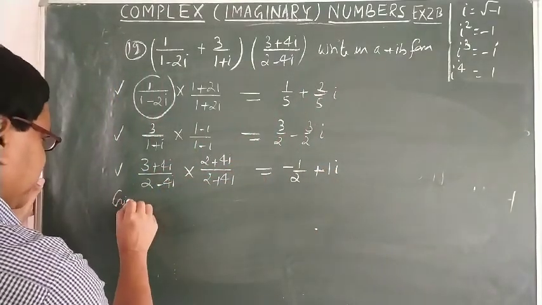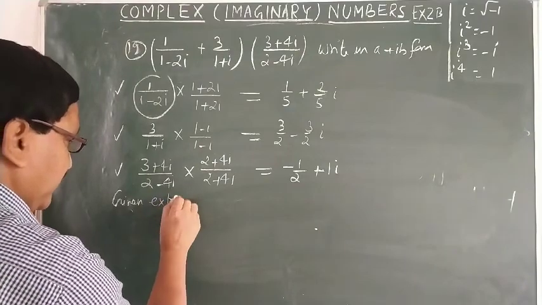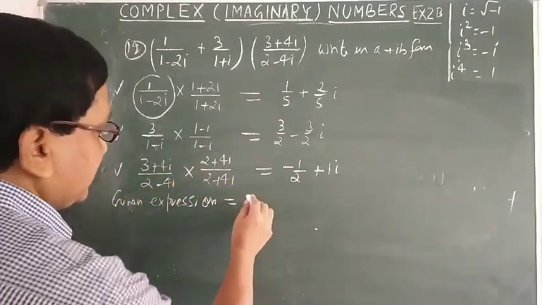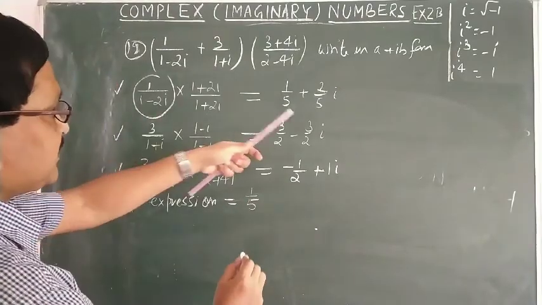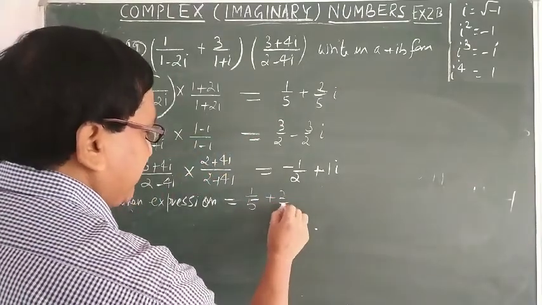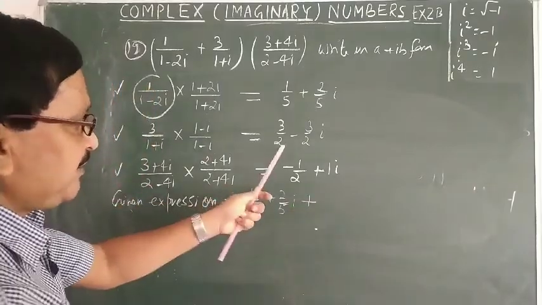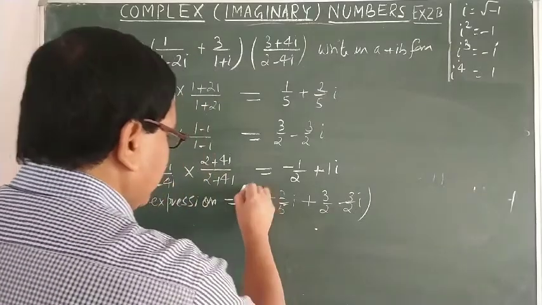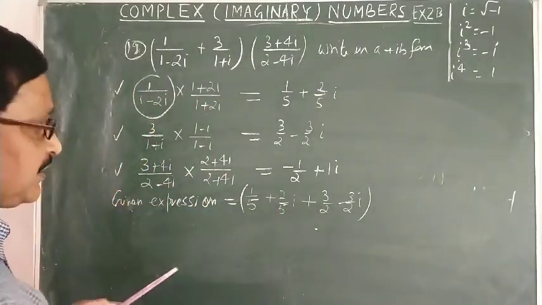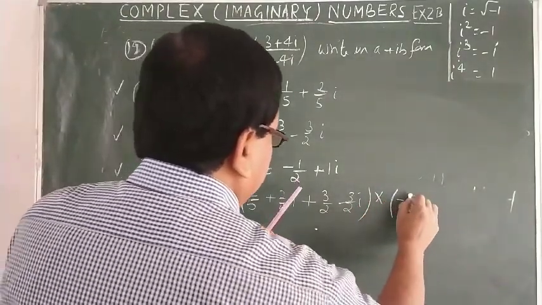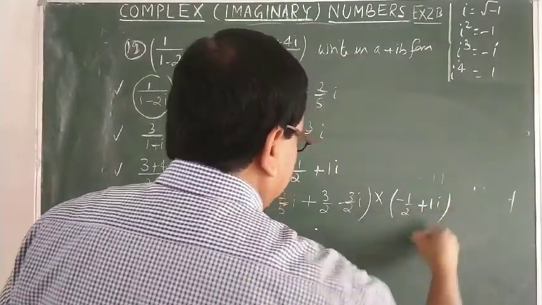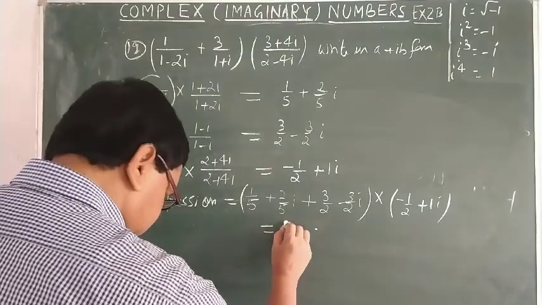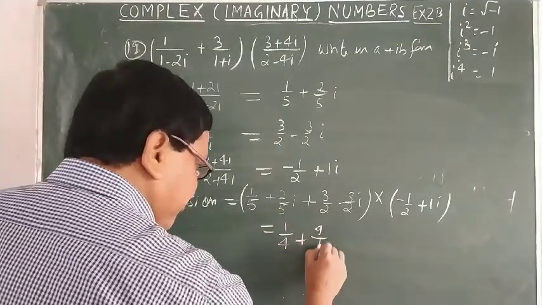So the given expression is equal to this plus this: 1 by 5 plus 2 by 5i plus 3 by 2 minus 3 by 2i. After that, this is multiplied with this, minus half plus 1i. So add this and calculate, and get the final result 1 by 4 plus 9 by 4i.